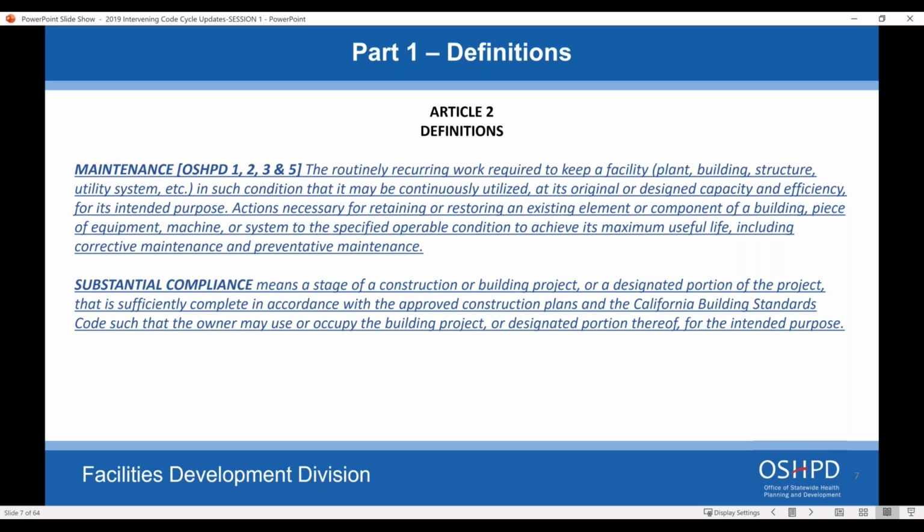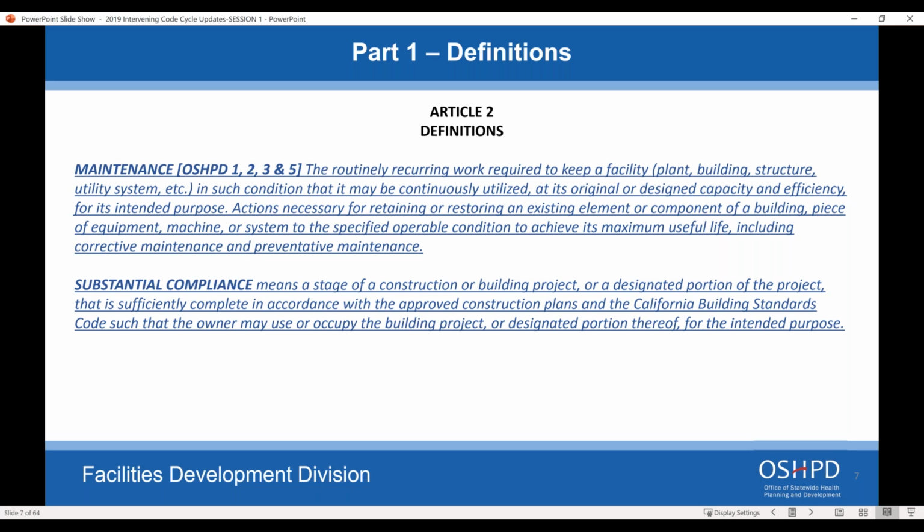Actions necessary for retaining or restoring an existing element of a component or building or a specific operable condition to achieve its maximum useful life, including corrective maintenance and preventative maintenance. So basically, you can do repairs to your facility under the maintenance requirement. And again, this falls into some of the definitions of when you need a permit.